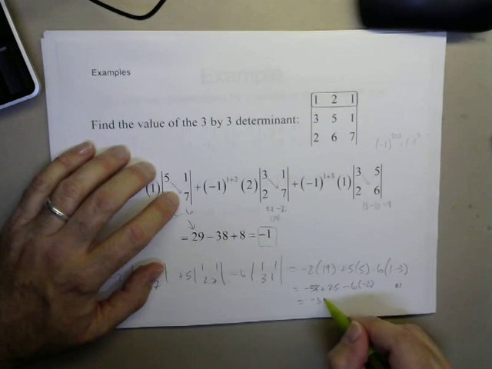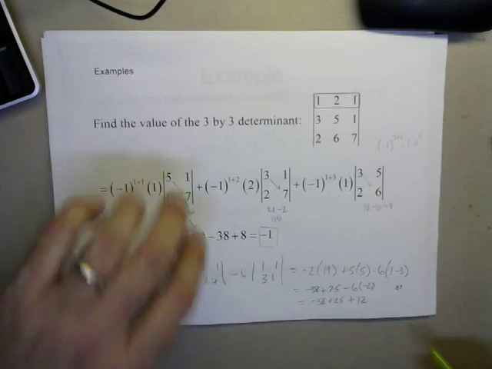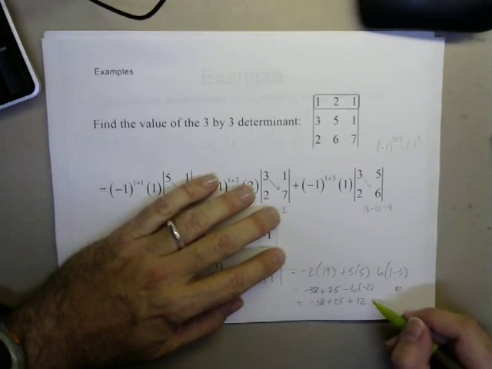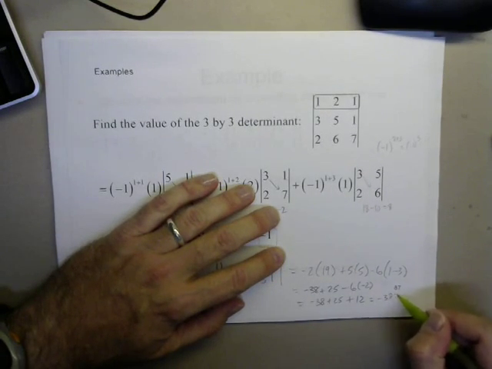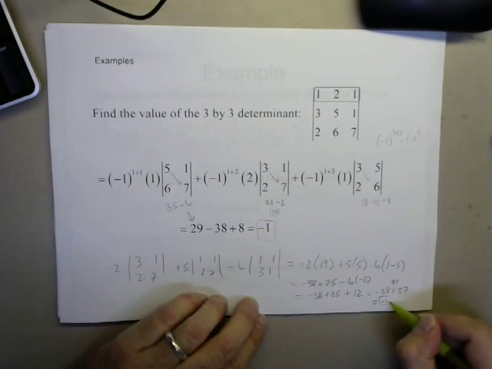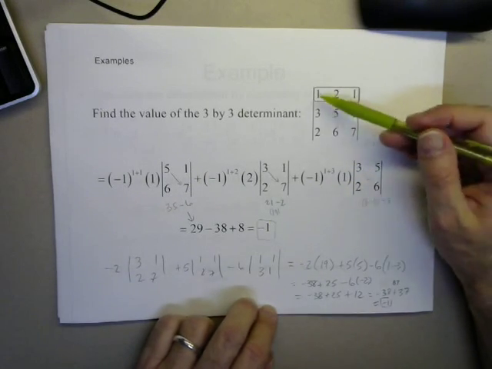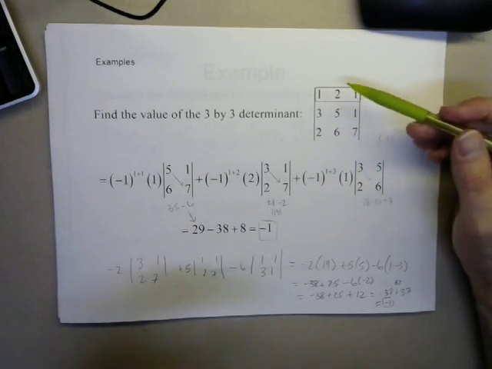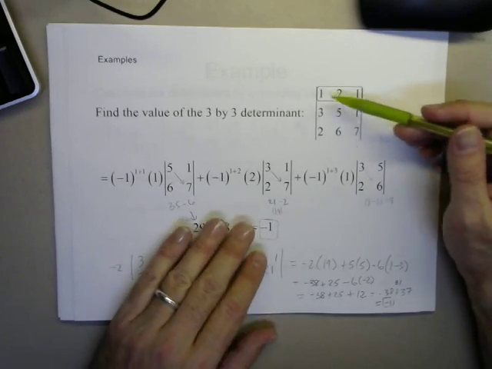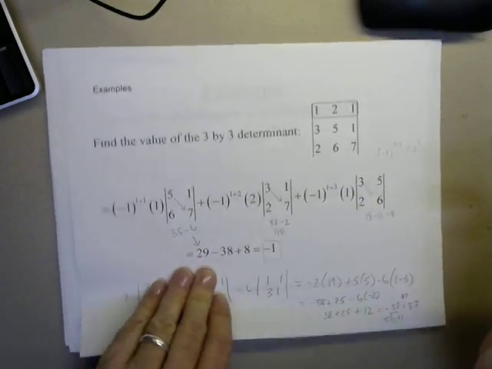So you get -38 plus 25 plus 12. If you add those all together, you'll get -38 plus 37, which gives you -1, the same thing that we got before. So again, it technically doesn't matter what row or column you expand along, so you could just randomly pick. But if you do have a row or column of all zeros, it's easier to compute the determinants that way.